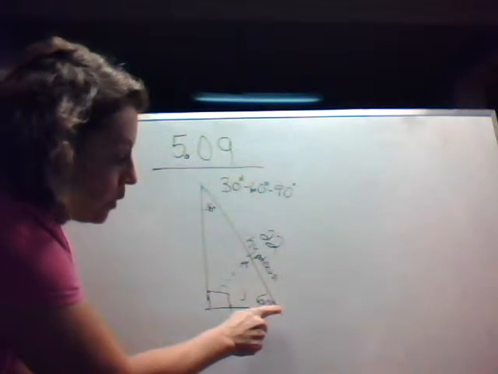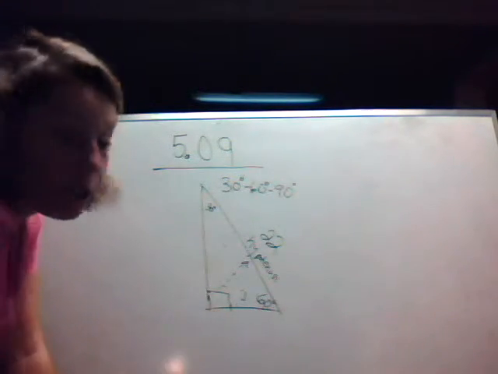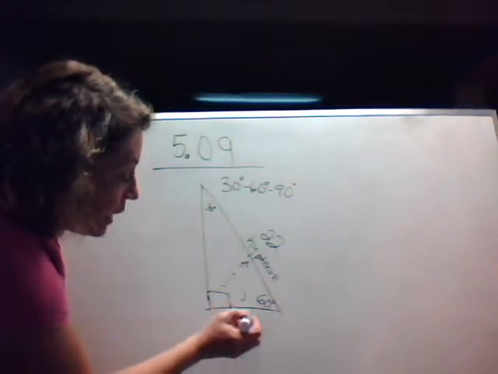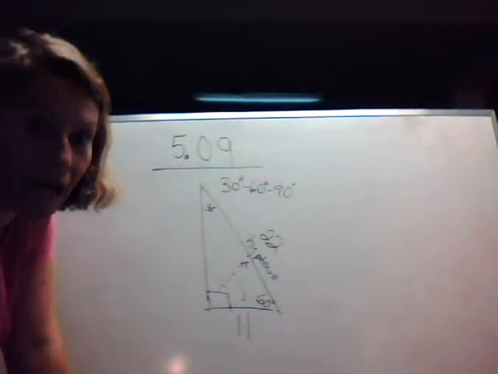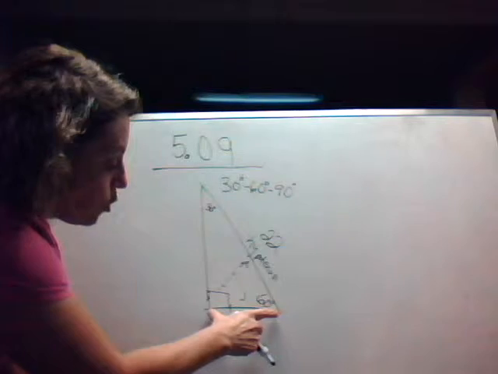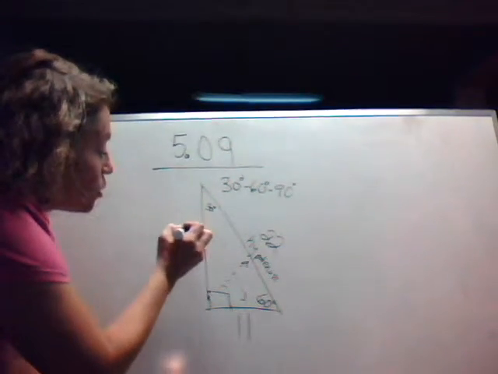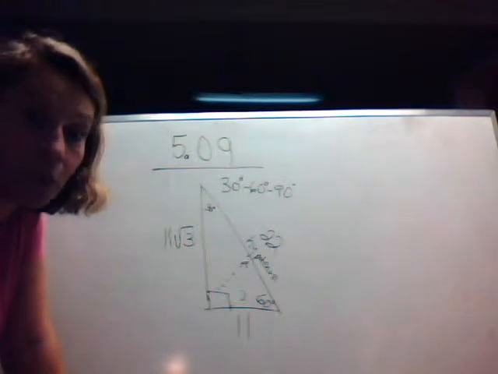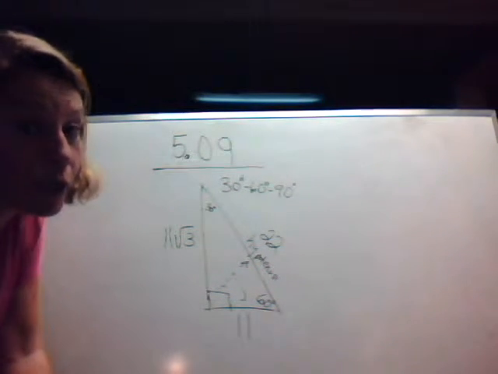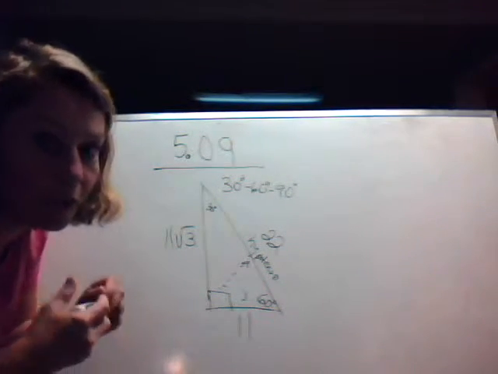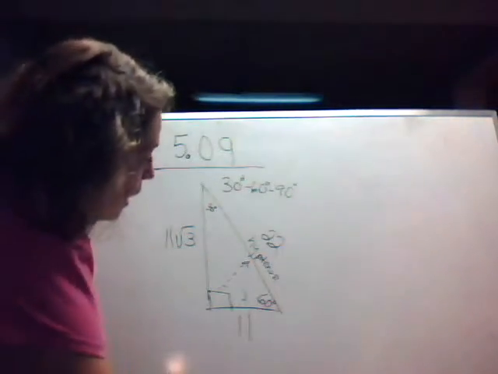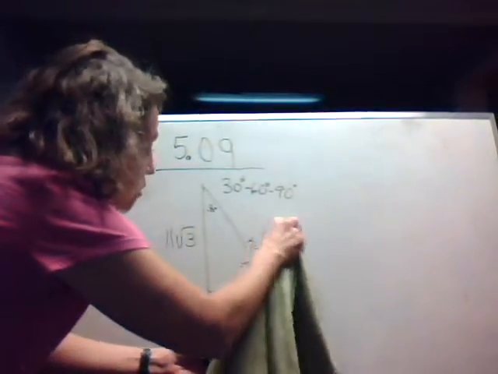The hypotenuse is 22, and my short leg is only 11, isn't it? Because it's half. And then from the short leg to the longer leg, I just multiply by the square root of 3, and we're done. Now, you need to know how to work with radicals, because what if you're given a problem with radicals? Okay, let's try a couple with some radicals.